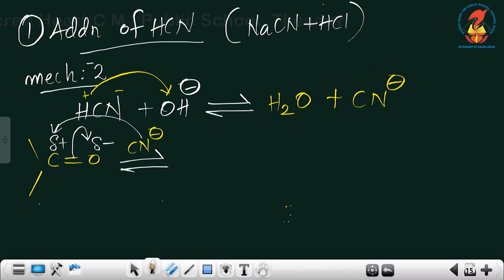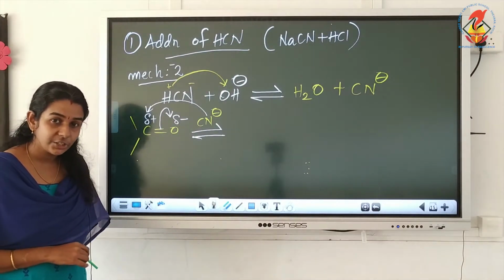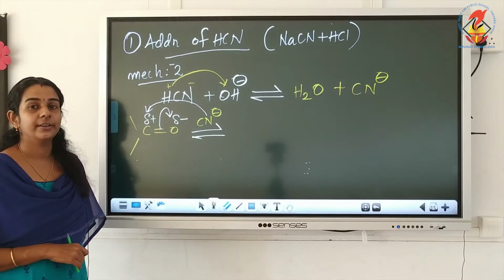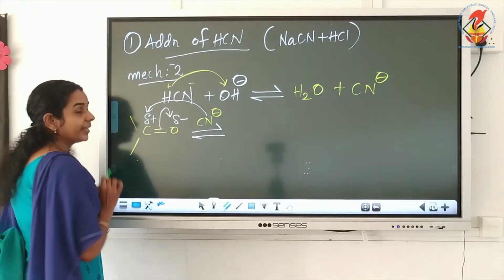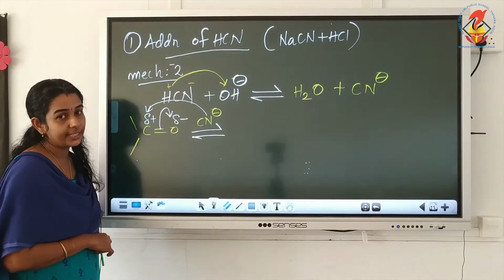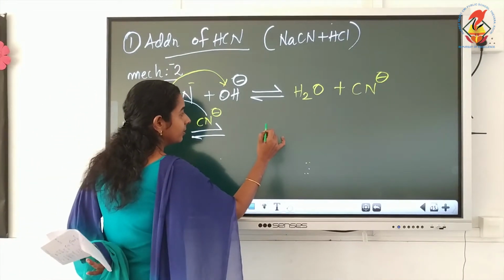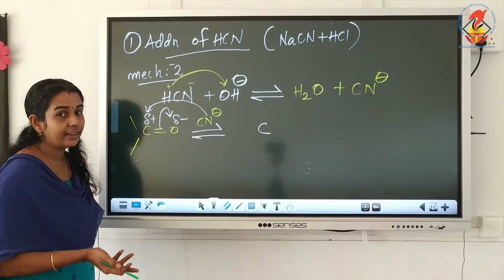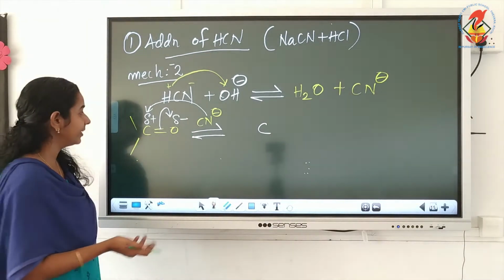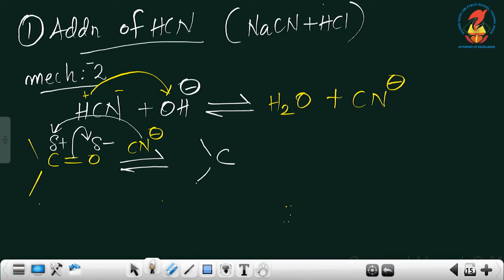It will be attacking on the positively charged carbonyl carbon, isn't it? CN minus is negatively charged, so it will be attacking on the positive center, that is carbonyl carbon. So, what is the change happening here? First, we are getting the tetrahedral intermediate, isn't it? So, here single bond, there is no change.